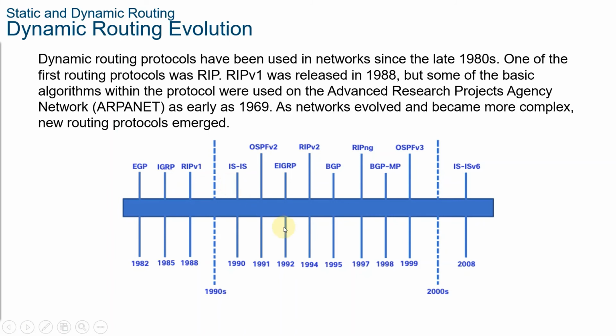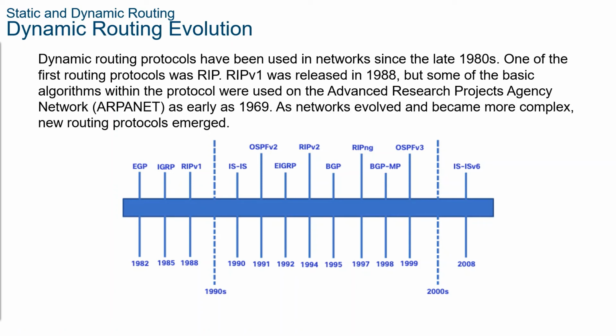Additionally, there was the need to connect the different routing domains of different organizations and provide routing information between them. So the Border Gateway Protocol, or BGP, was established. BGP, the successor of the Exterior Gateway Protocol, or EGP, is used between ISPs, or internet service providers.